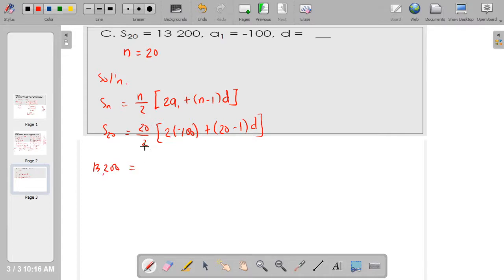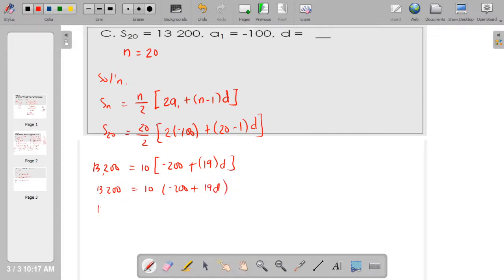S sub 20 is 13,200. That is equal to 20 divided by 2, which is 10. And then 2 times negative 100 is negative 200, plus 20 minus 1 is 19, times the common difference d. Now from here we copy 13,200, and also 10, and then negative 200, then we multiply 19 and d, that should be 19d.